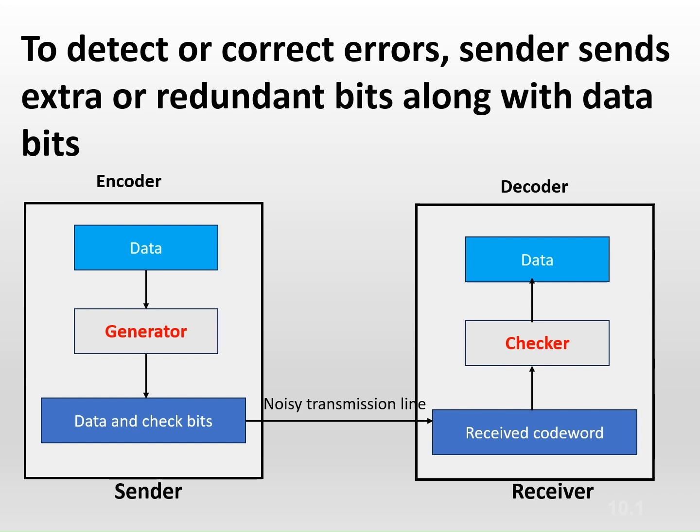So data and the redundant bits, also called check bits, together are the code word, and that is getting sent through the noisy transmission line to the receiver. After the receiver receives the code word, it will send it to a checker, and check whether the data has been corrupted or not. If not, it will accept the data, and if corrupted, it will discard the data, and it may ask the sender to retransmit the data again.